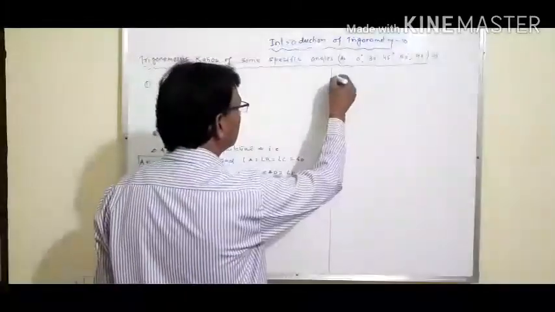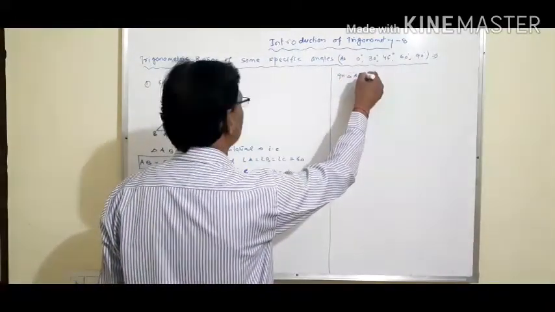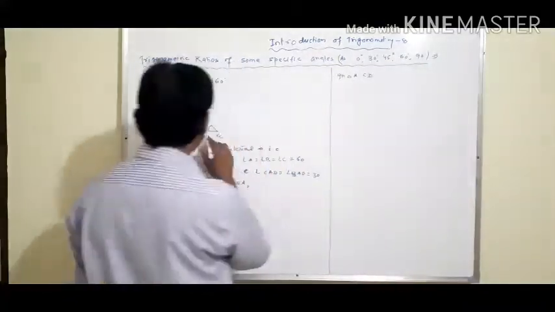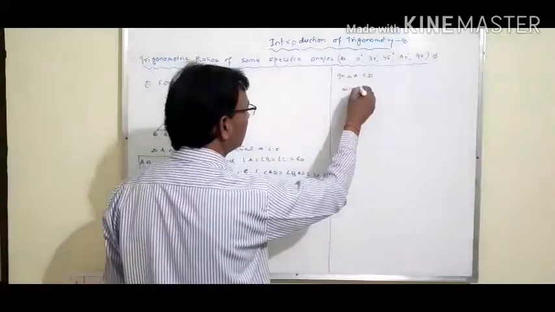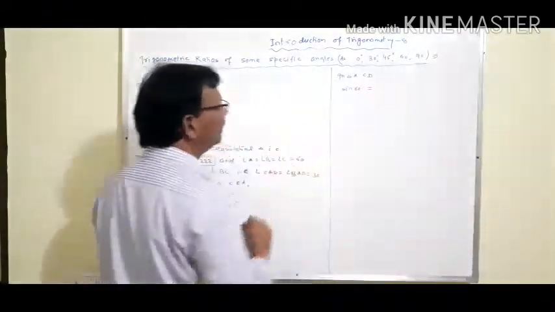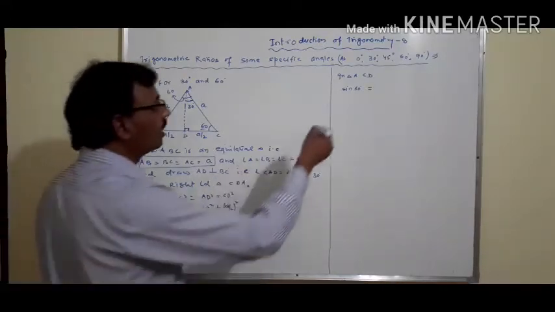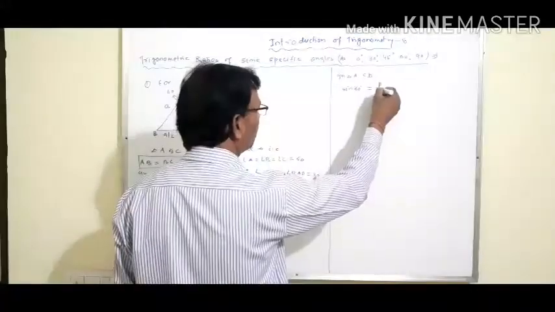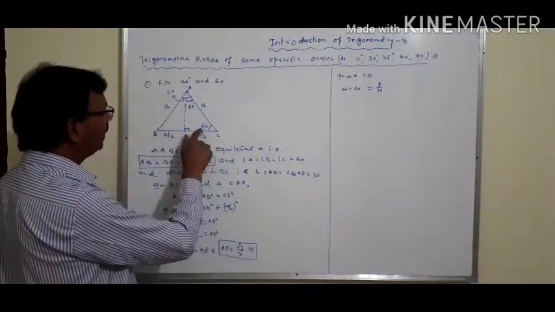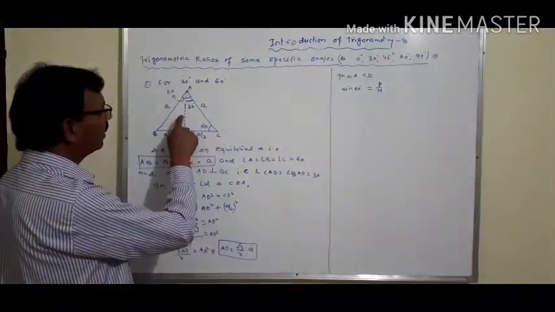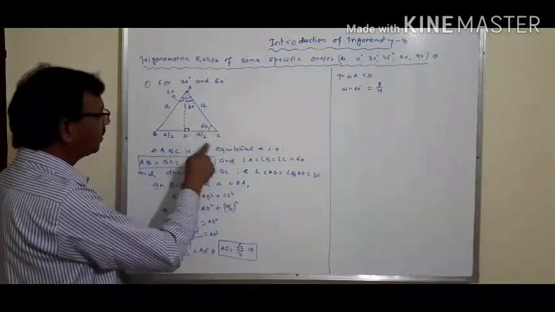Now first, in triangle ACD, sine of 60 degree. As you know the trigonometric ratio, sine theta equal to perpendicular upon hypotenuse. So for 60 degree, AD will be perpendicular, AC will be hypotenuse and CD will be base.